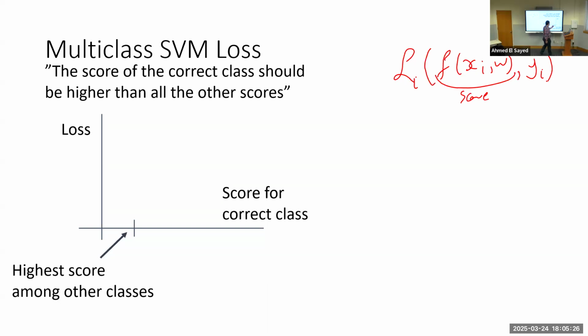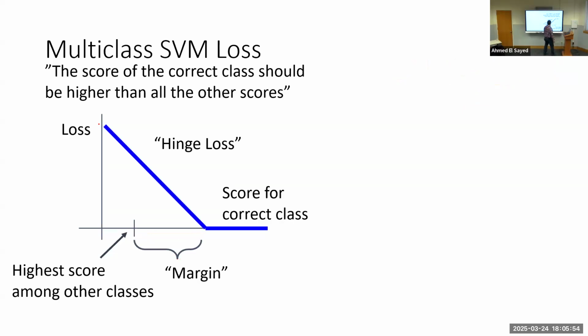Then I give a margin of error and try to push the actual score far from this margin. If the result is 0, this means I have a good value. If the result is not 0, this means I need to tune the W again.